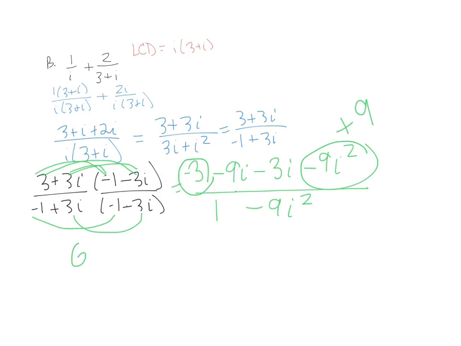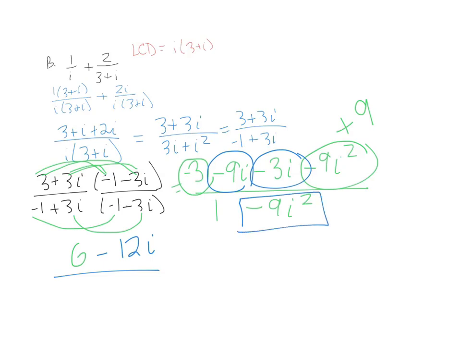And then our middle two terms, our negative 9i and our negative 3i becomes negative 12i. On our denominator, that minus 9i squared, i squared is negative 1, negative 9 times negative 1, that becomes a plus 9 as well.